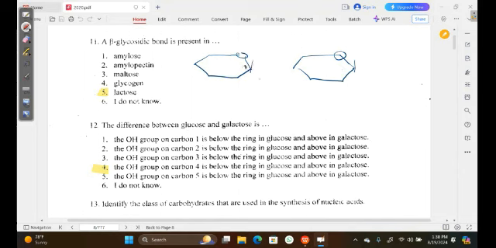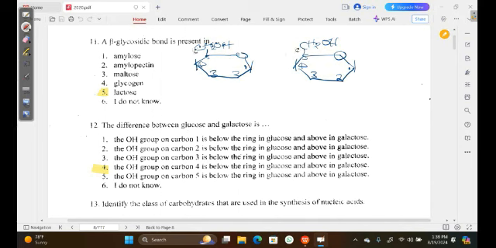So we have carbon 2, carbon 3, carbon 4, 5, and it goes up there all the way. We have our CHO, H, like that, and a CH2O like that. The difference between glucose and galactose is on carbon number 5. Sorry, carbon number 4.